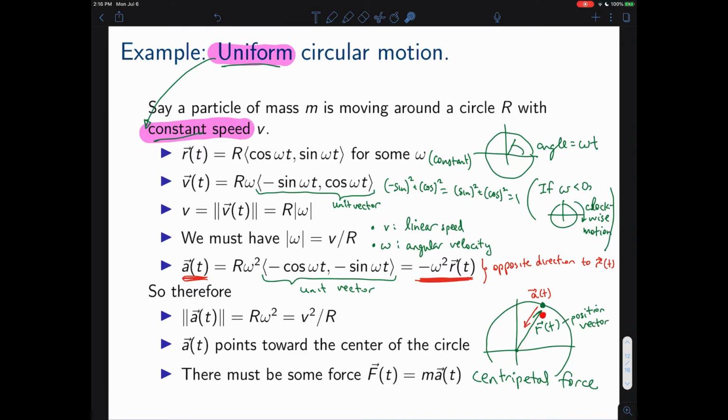Any type of force can pull an object towards the center and cause it to have uniform circular motion. But whatever force that is, a force that pulls something towards the center of a circular motion is usually called a centripetal force.